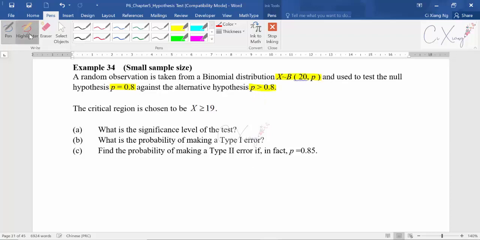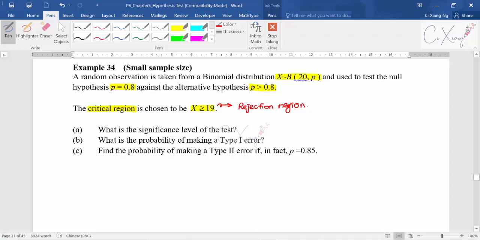Then they said the critical region is chosen to be x greater equals to 19. This question is very straightforward because they already tell you that this is your rejection region. The critical region will be the rejection region. So you can use this rejection region to do all your calculation later.